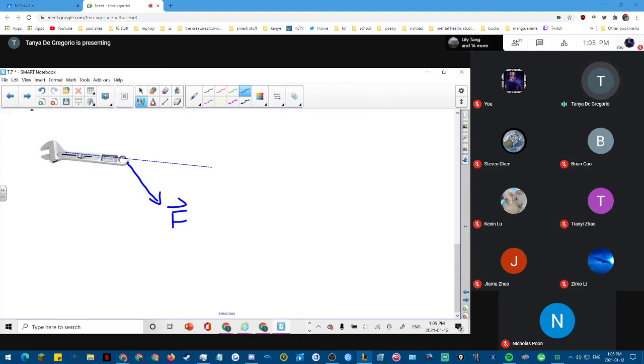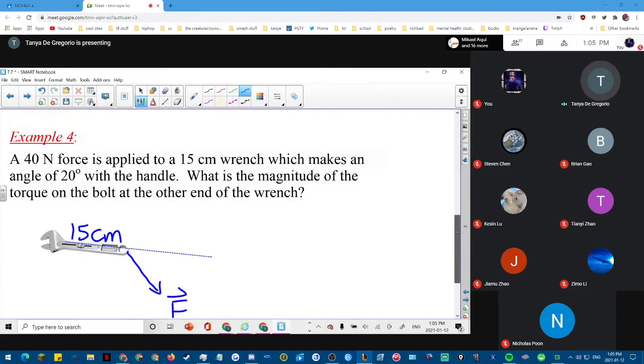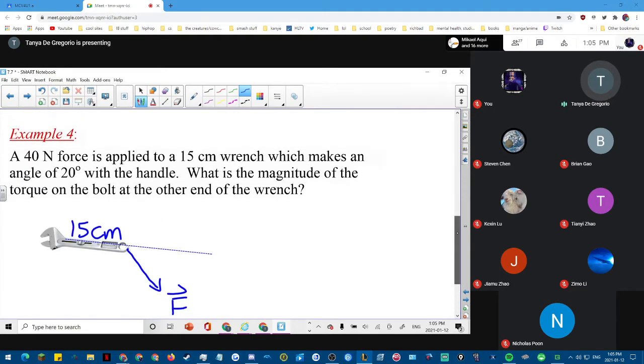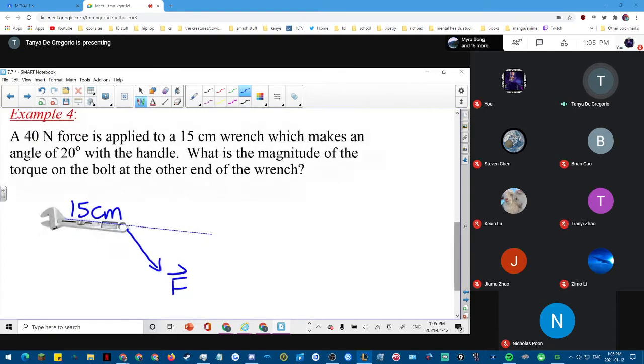And we're told that the wrench is 15 centimeters long, and that it makes an angle of 20 degrees with the handle. The 40 Newton force. Good. So here's my force, and we know that it equals 40 newtons. Was everyone able to do that?